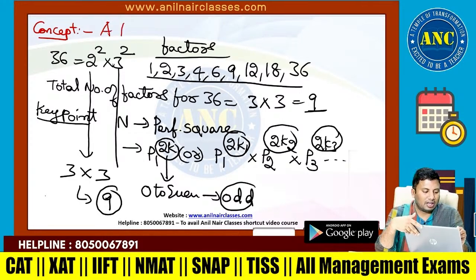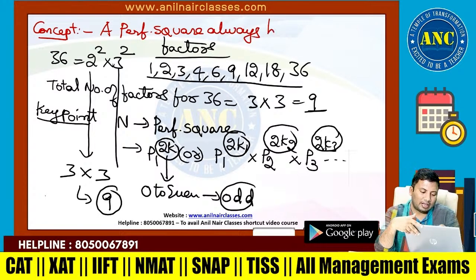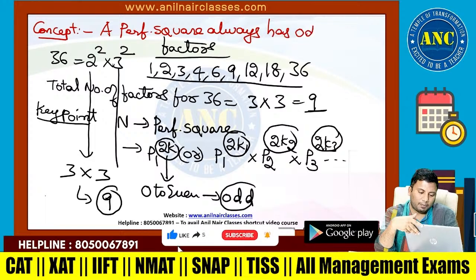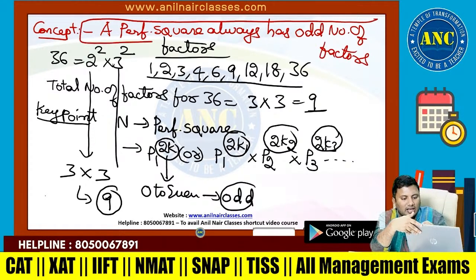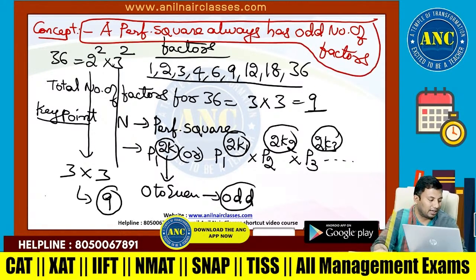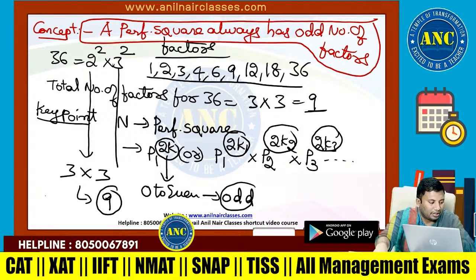A perfect square always has odd number of factors. Please make a note of it.